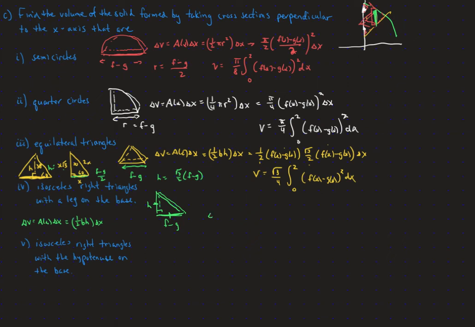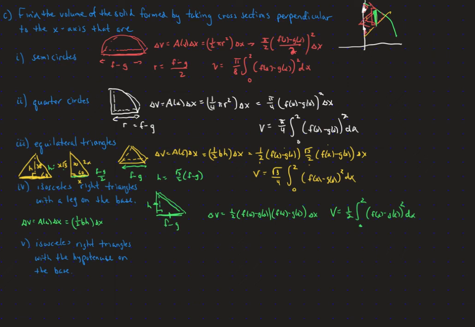And so our delta volume is going to be 1/2, and it's going to be f of x minus g of x times another f of x minus g of x, and then our delta x, which is going to make our volume be, we just have a constant of 1/2 that's going to come out, and once again, we get a f of x minus g of x squared and a dx.